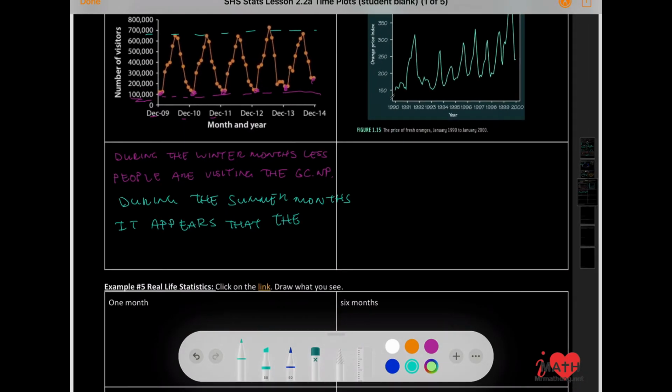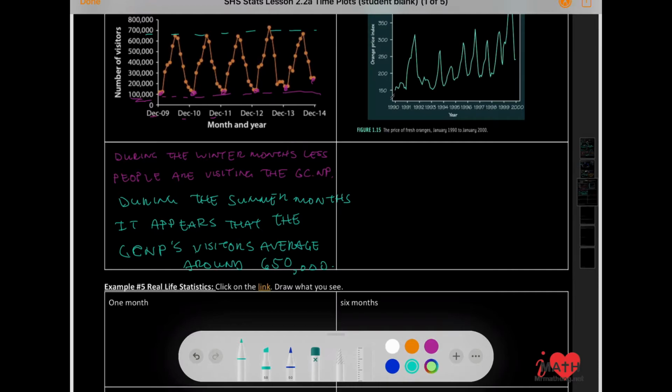You can abbreviate on your notes, but don't abbreviate on your quizzes or tests. The Grand Canyon National Park visitors average around 650,000. Okay?